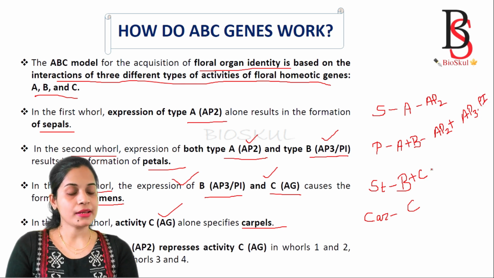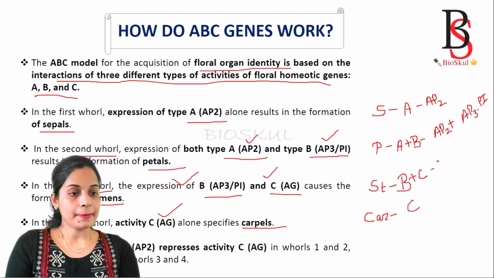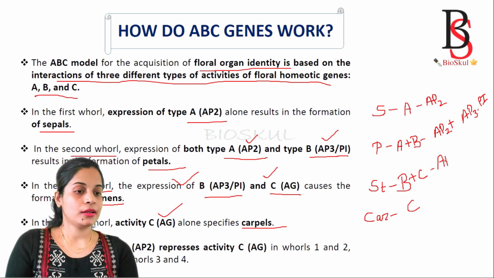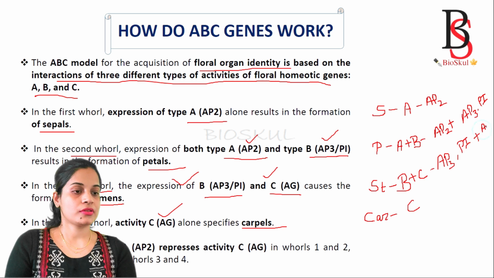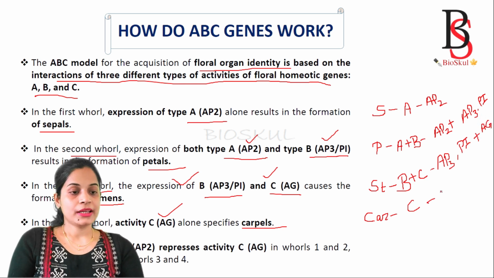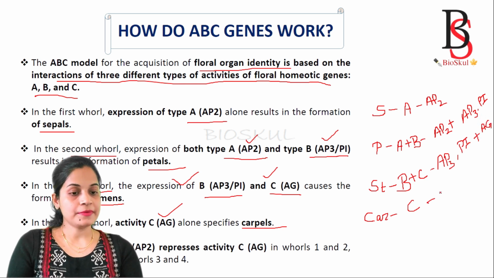Similarly for the stamen, the type B genes are Apetella 3 and pistillata, and the type C is Agamous. Okay, so the carpel expresses only the type C, that is Agamous.